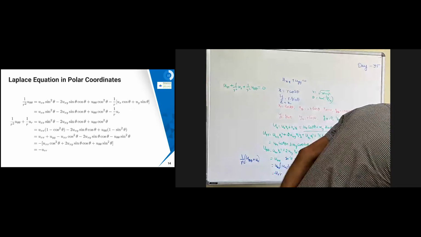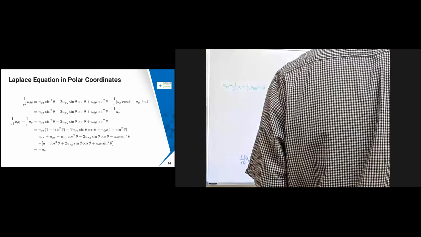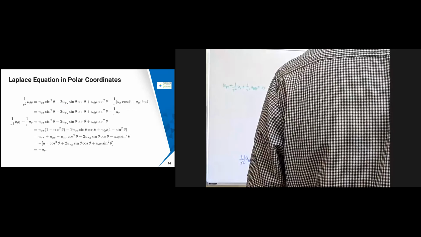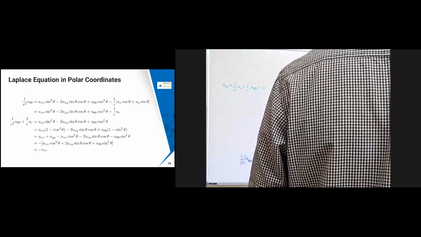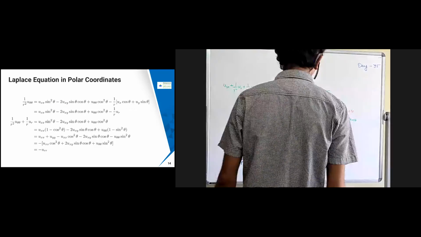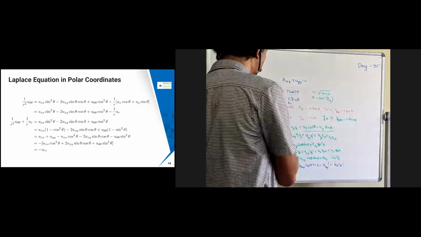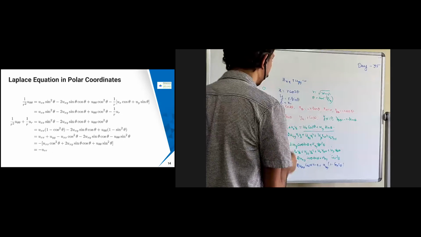Here, some mistake I have committed. It's not 1 by r square. Let's once again come back. Uyy cos square theta is fine. Ux cos theta. Okay, here we made a mistake.